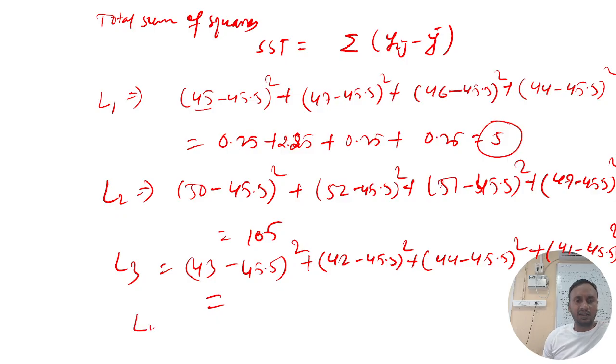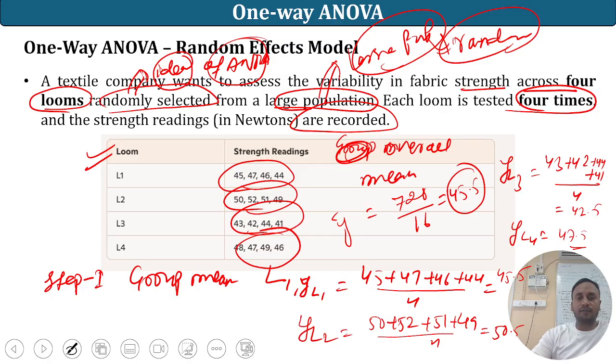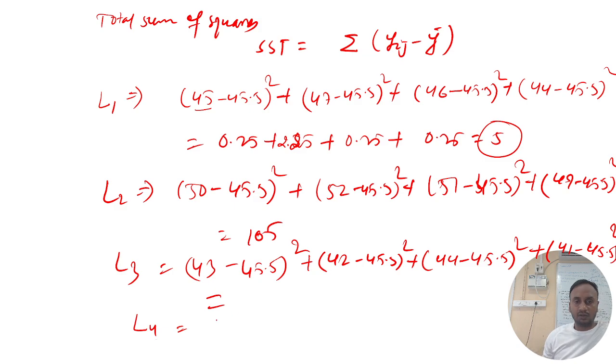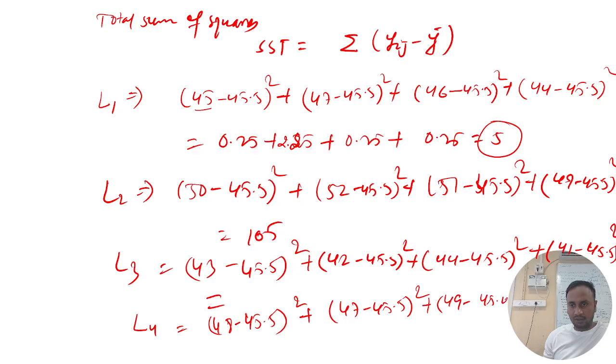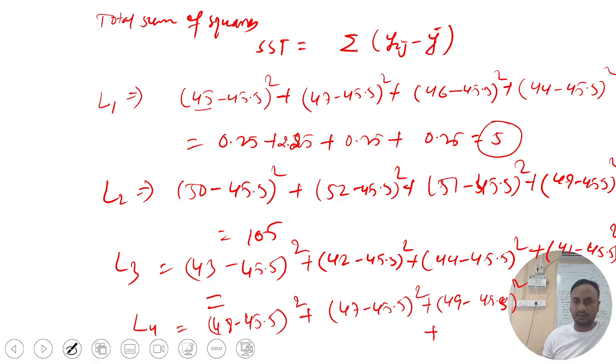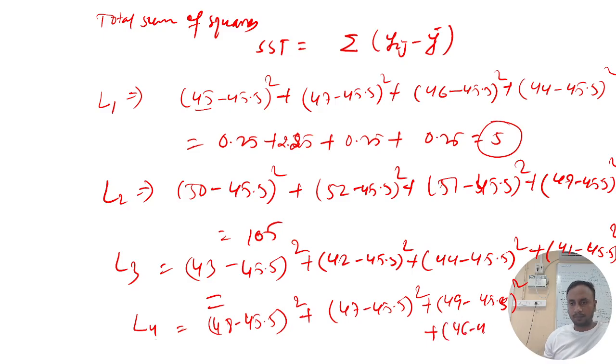Just check it. L4, what is the L4 value? 48, 47, 49, 46, each minus 45.5. I have done it separately, but we can do it like so.